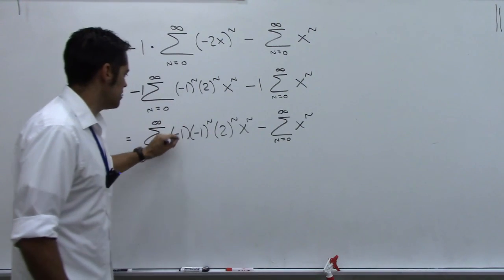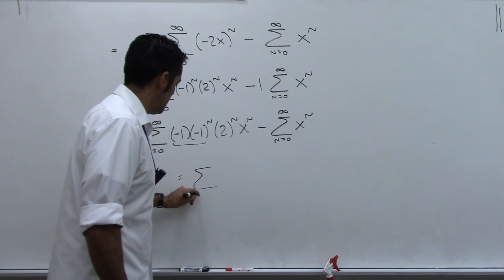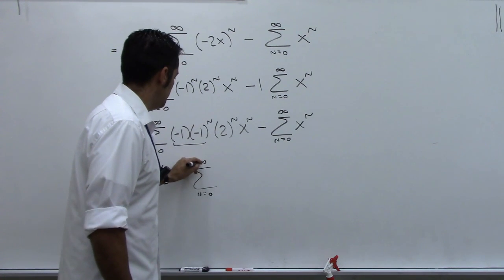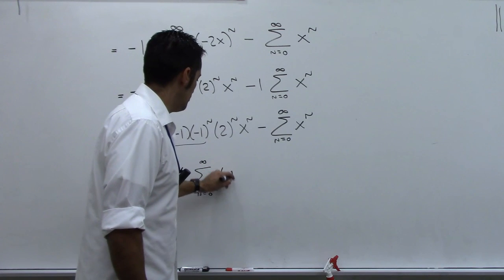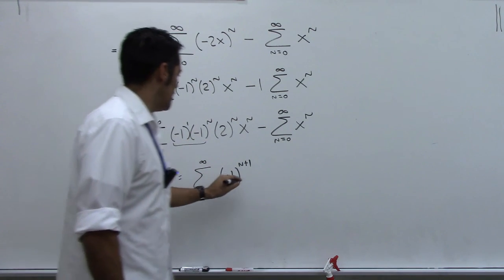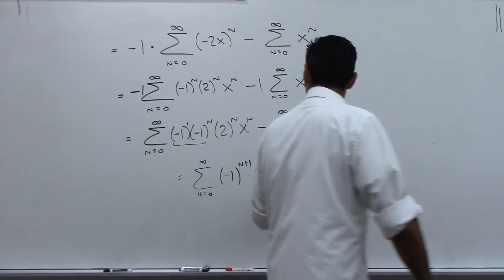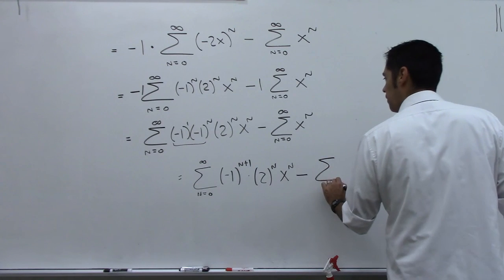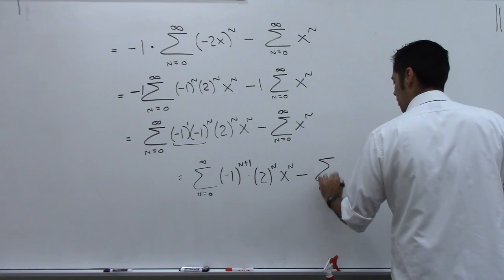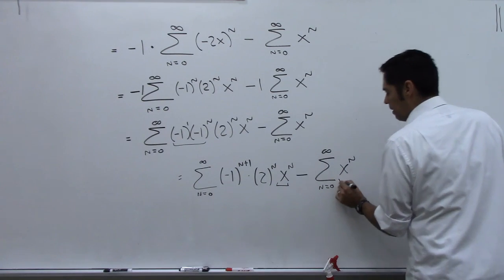Now the reason I did that is because I can put these two together. So sum n equals 0 to infinity of -1 to the n plus 1, adding the exponents here, and then 2 to the n, x to the n, and then minus sum n equals 0 to infinity of x to the n.